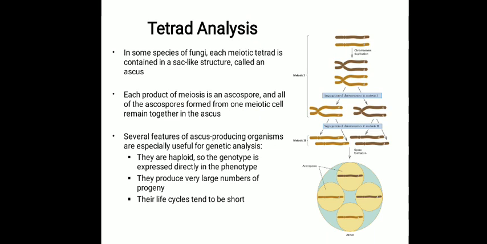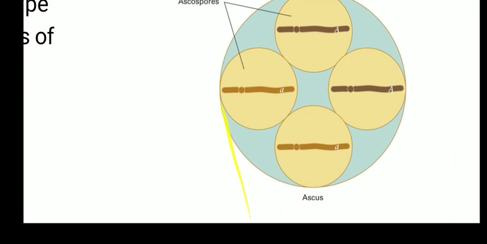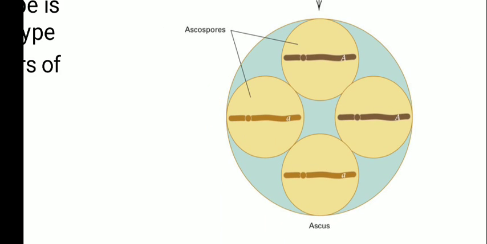Now, in tetrad analysis in some species like fungi, each meiotic tetrad is contained in a sac-like structure. In that sac-like structure, the four sexual spores are present, and that sac-like structure is known as the ascus. In the diagram you can see this sac-like structure which consists of the tetrad, and this ascospore-containing structure is known as the ascus.